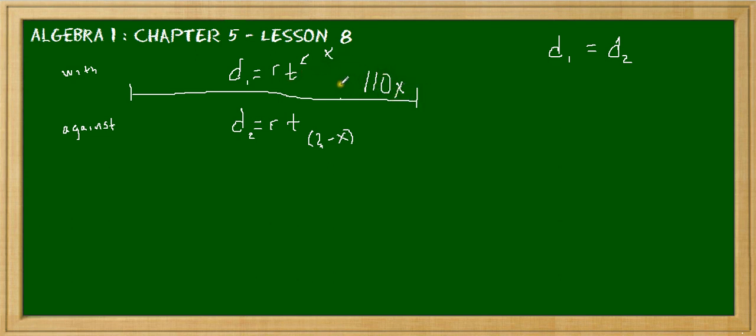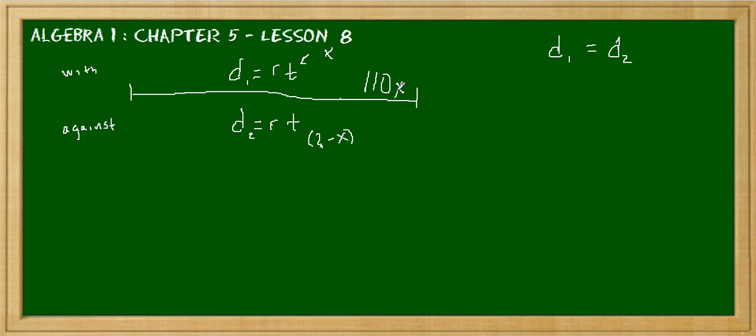We know that this is 110x, right? That's the distance. It's the rate times time. And the rate is 110, and the time is x. So there you go. It's that simple. We just multiply the two, and that's the distance. You say, well, I don't know what that distance is. Why are you telling me that's distance? Well, it is because we just simply don't know what x is. But we're going to find out what x is.